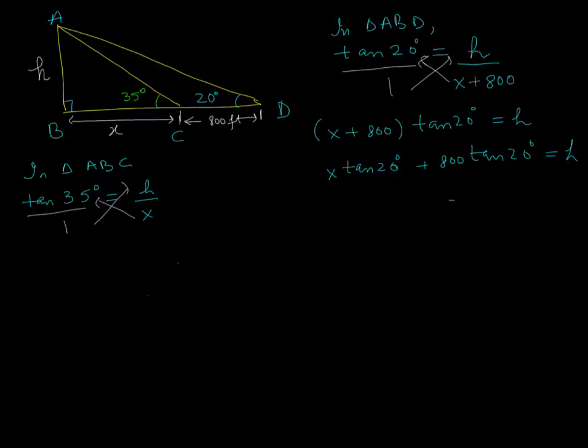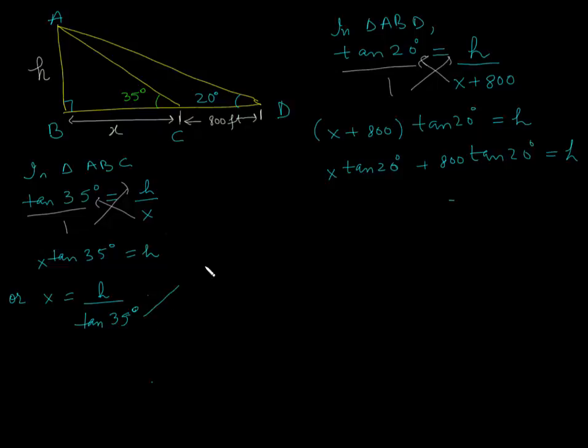So x tan 35 equals h. So here, let's isolate x first. It's h divided by tan 35 degrees.